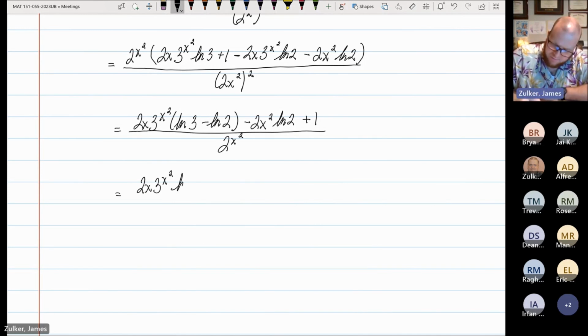Right, laws of log, we can write natural log of 3 minus natural log of 2 as natural log of 3/2.